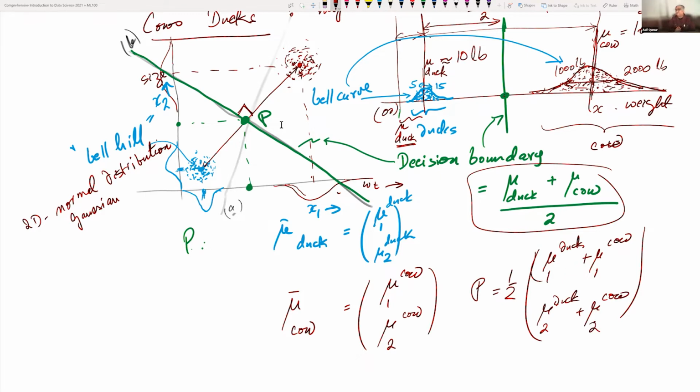Would you agree that it's the average of the two vectors? And the direction of that is obviously the perpendicular bisector. So when you use this approach, you are doing linear discriminant analysis.